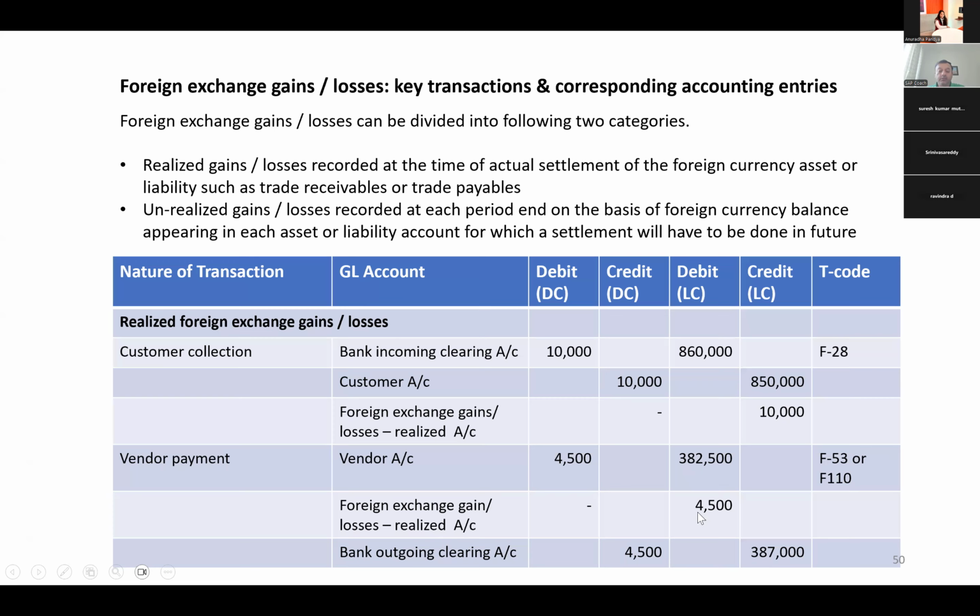So I have lost 4,500 rupees here. Because we debit all the losses, the foreign exchange gain loss realized account is debited, the bank outgoing clearing account is credited with the actual exchange rate on that date, and the vendor account is debited. This entry is done from F-53 or F110.